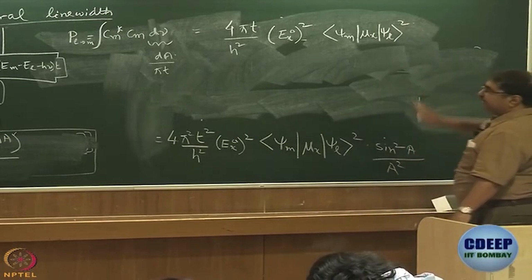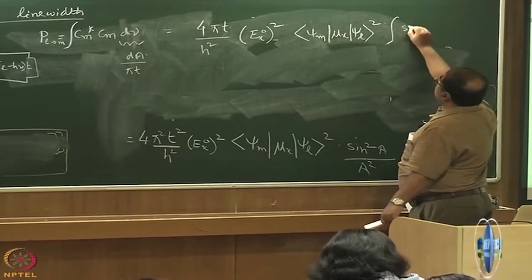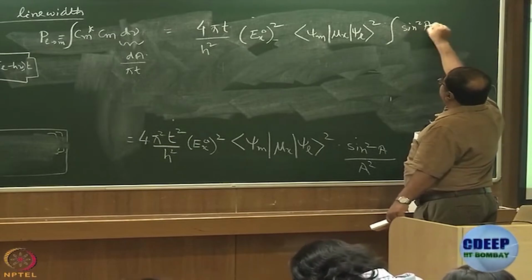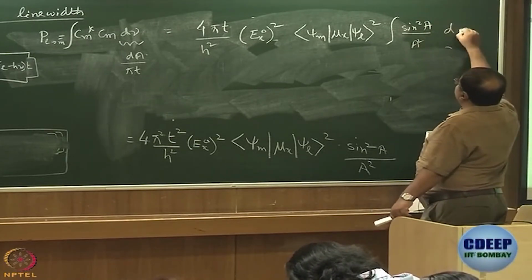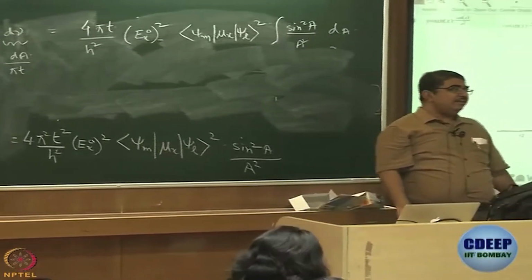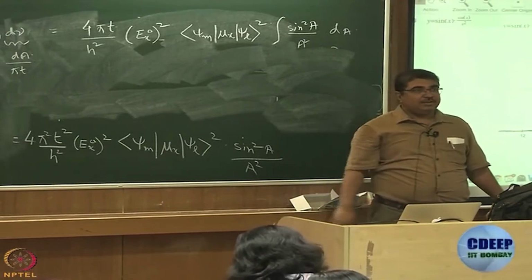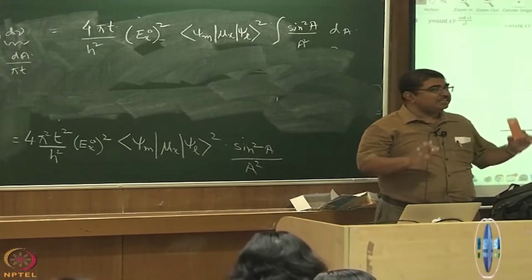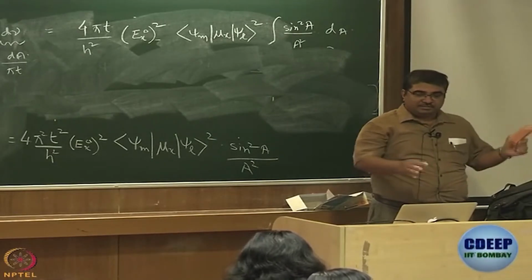Have I written everything? Integral sin square A divided by A square dA. What are the limits of the integral? Well, minus infinity to plus infinity, considering there is no other transition. Okay, that doesn't matter anymore.